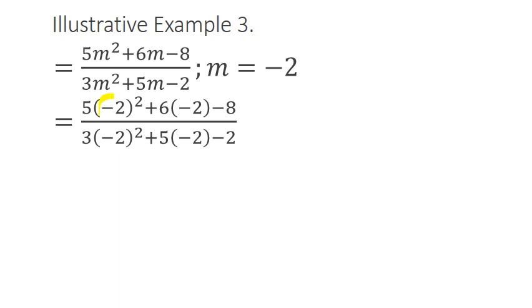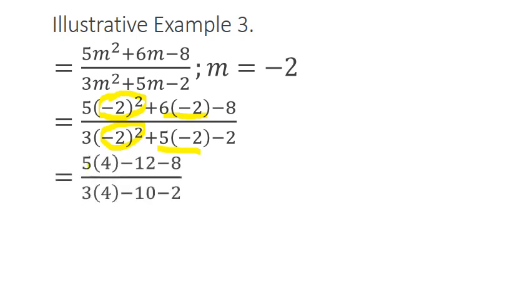On this particular example, we should go with the MDAS first, or PEMDAS as other books would say. We have negative 2 times negative 2, which is negative 2 squared, which gives us 4, as well as this one. And we can simplify this one as well. 6 times negative 2 is negative 12. 5 times negative 2 is negative 10.